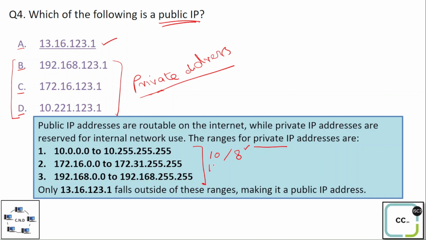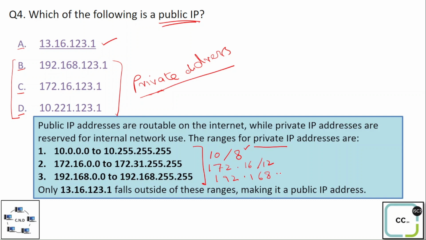This can also be written as 172.16/12. Well, if you don't know these notations, don't worry. And the third one is 192.168.0.0 to 192.168.255.255.